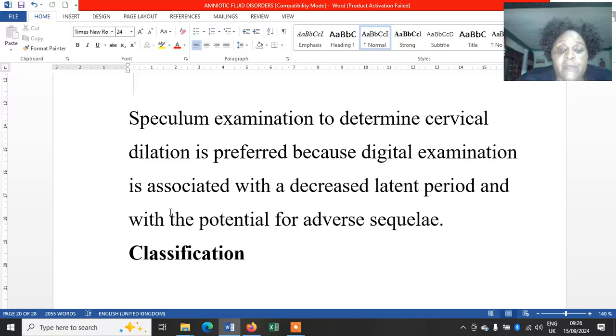Here our main aim is to prevent irritating the cervix for this mother to start labor. We would like, as much as possible, to prolong the onset of labor.